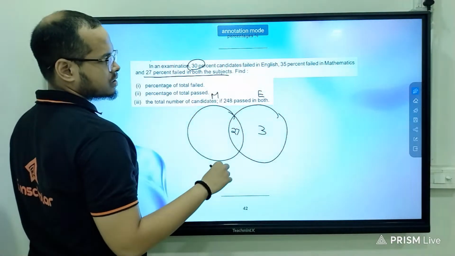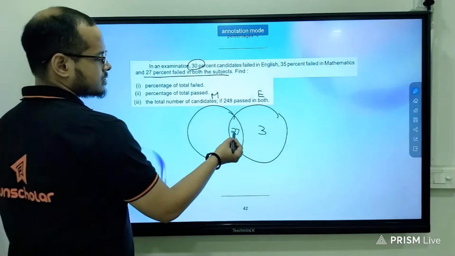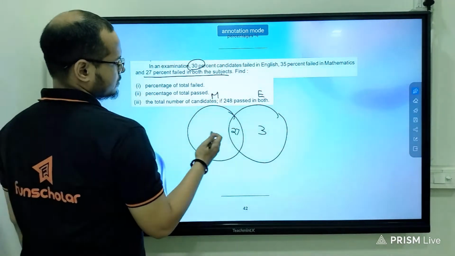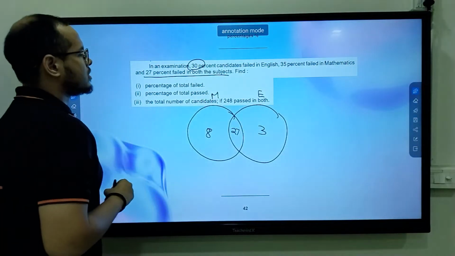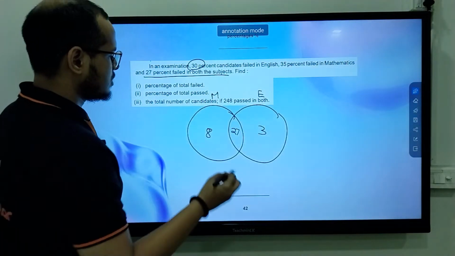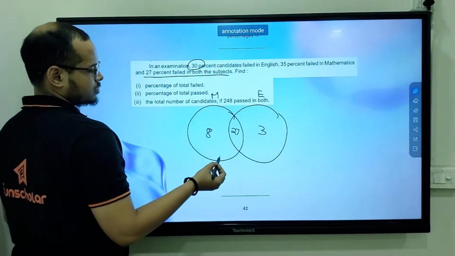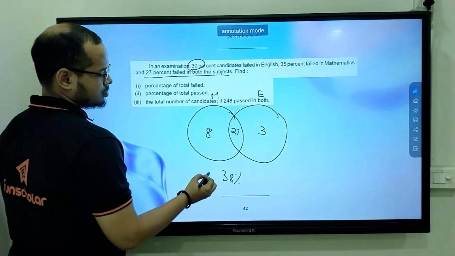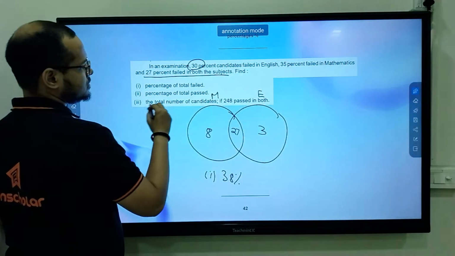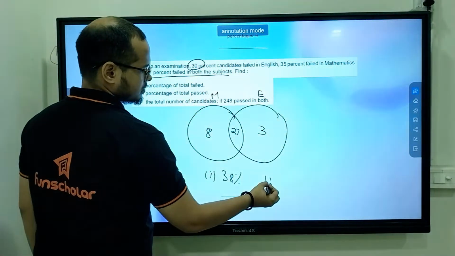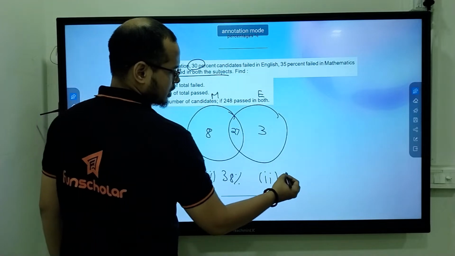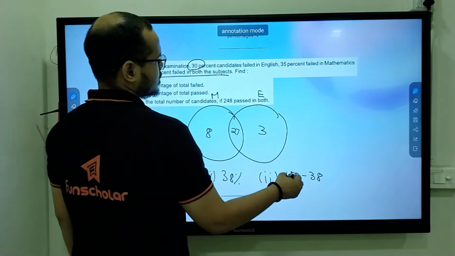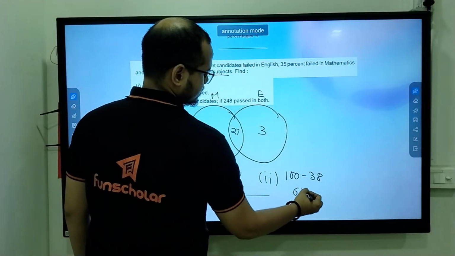Similarly, 35% failed in maths, so 27% already failed, and 8% is remaining. Find the percentage of total failed: I just added everything up, 38%. So total passed is 100 minus 38, that is 62%.